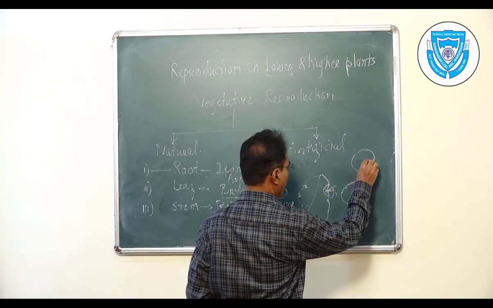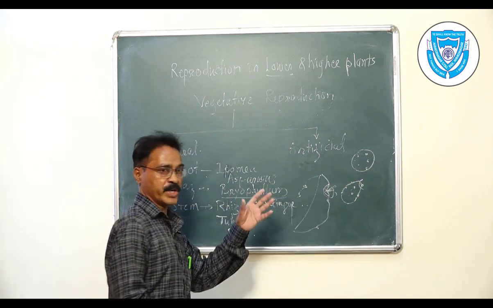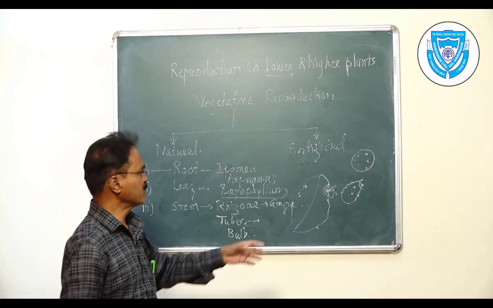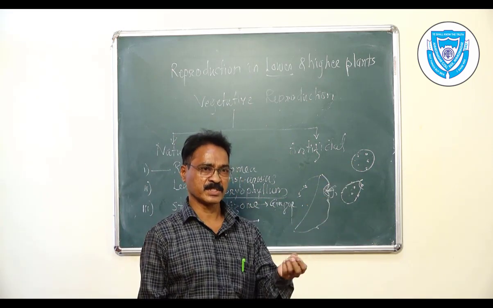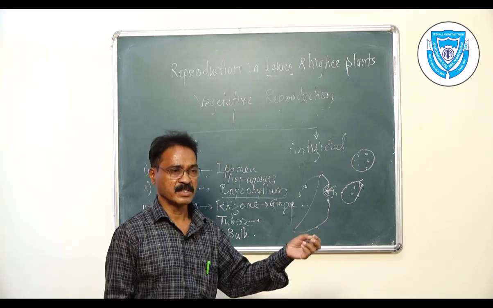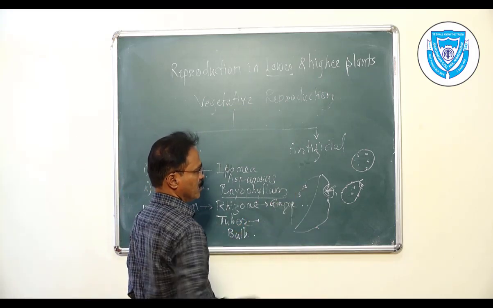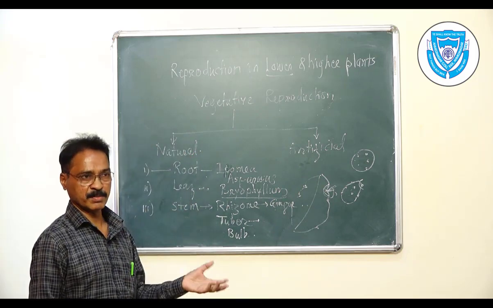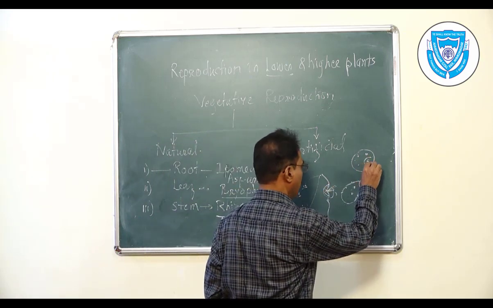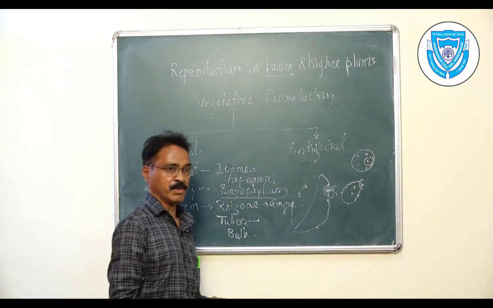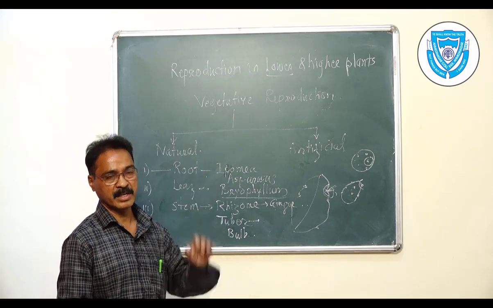And on this stem, that is on the tuber of the potato, you must have seen that after some days these sprouts automatically appear on the tubers of the potato. So this is the tuber type where the vegetative bud sprouts and gives rise to a new plant. So each and every bud has the capability to reproduce into a new plant. It totally regenerates.